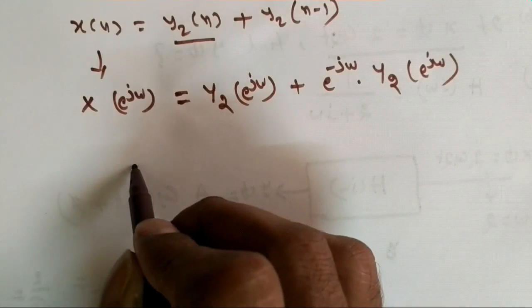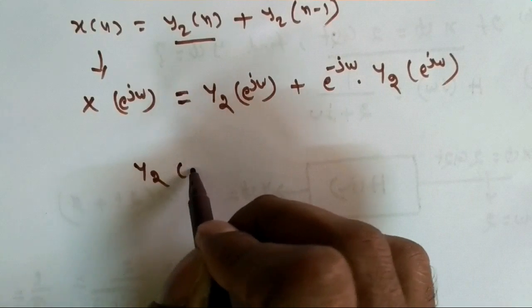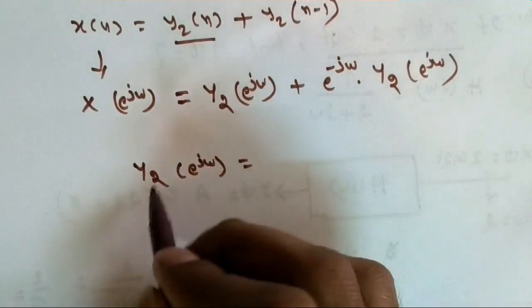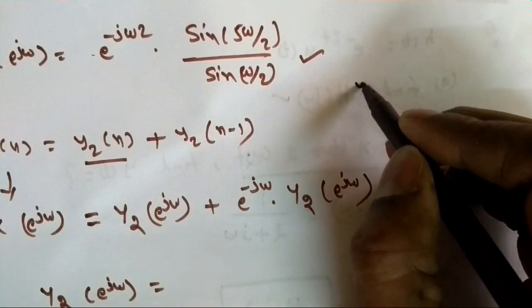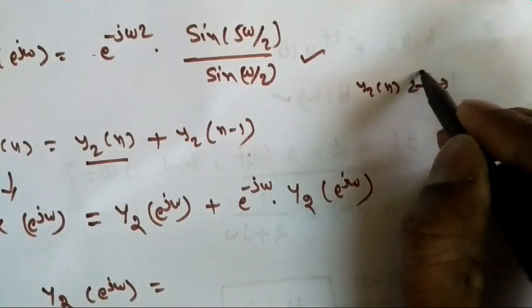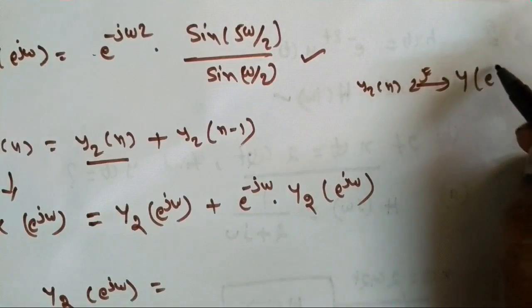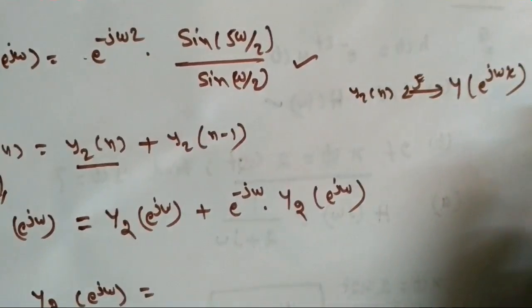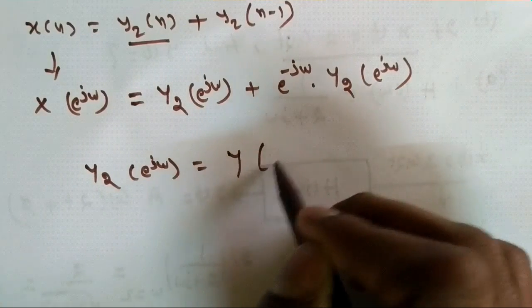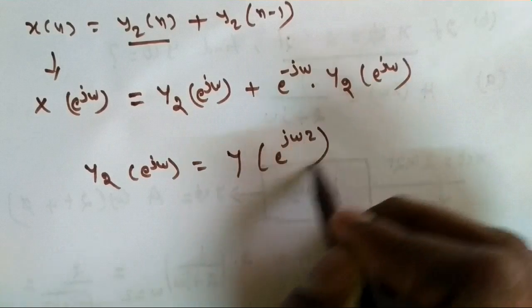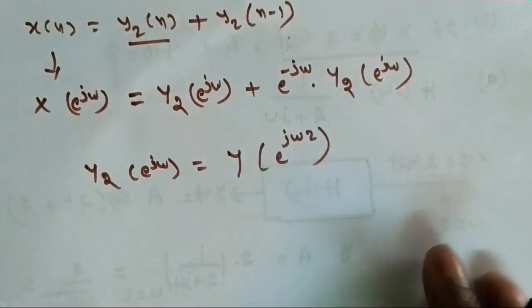Now for y2 of e power j omega, let me recall the scaling factors. y2 of n in the Fourier transform becomes y of e power j omega k, right? What is k here? 2. So it becomes y of e power j omega 2. That is, in place of omega we substitute omega 2.